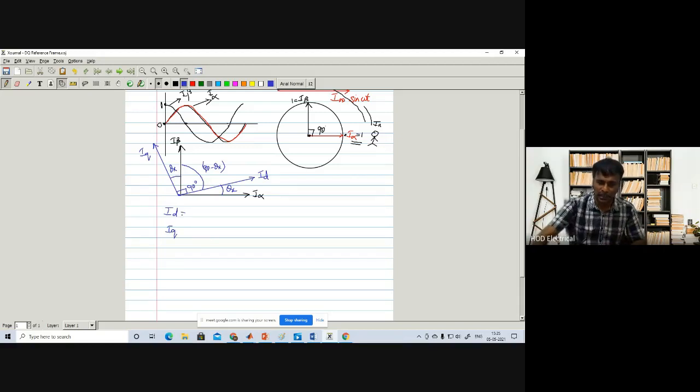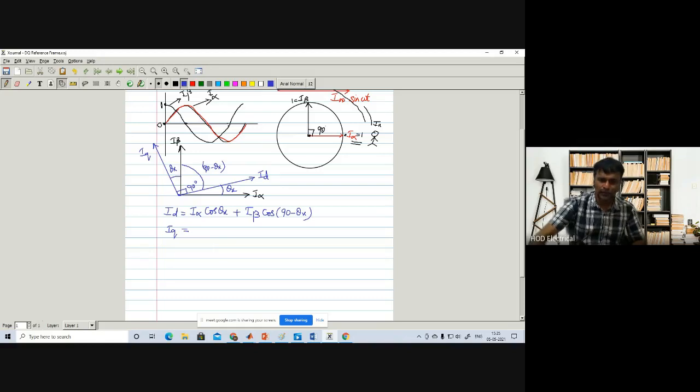How will we write the equation of ID? ID is nothing but the projection of I alpha on ID, I alpha into cos of theta x, then I beta with respect to ID, plus I beta into cos of 90 minus theta x.